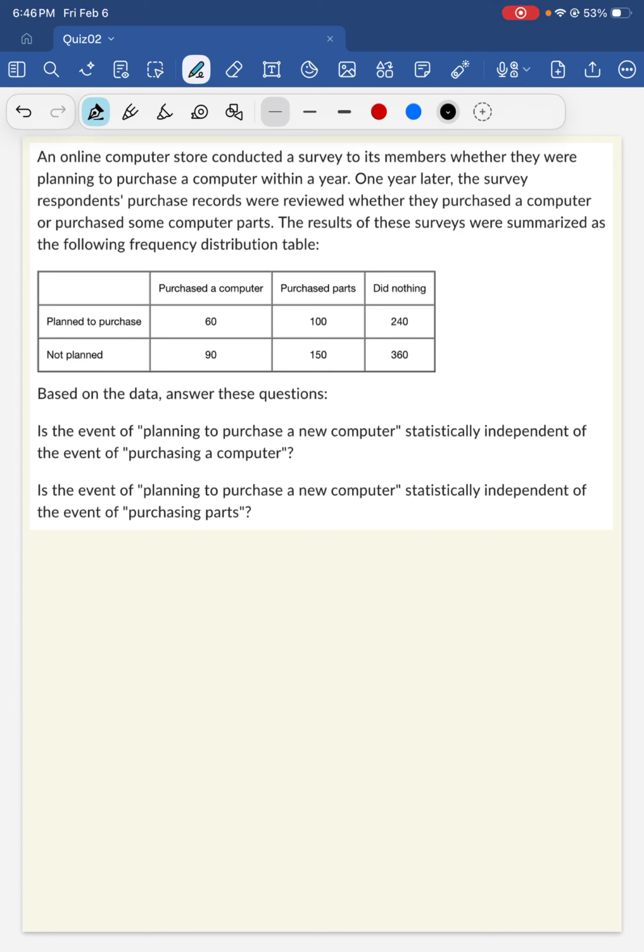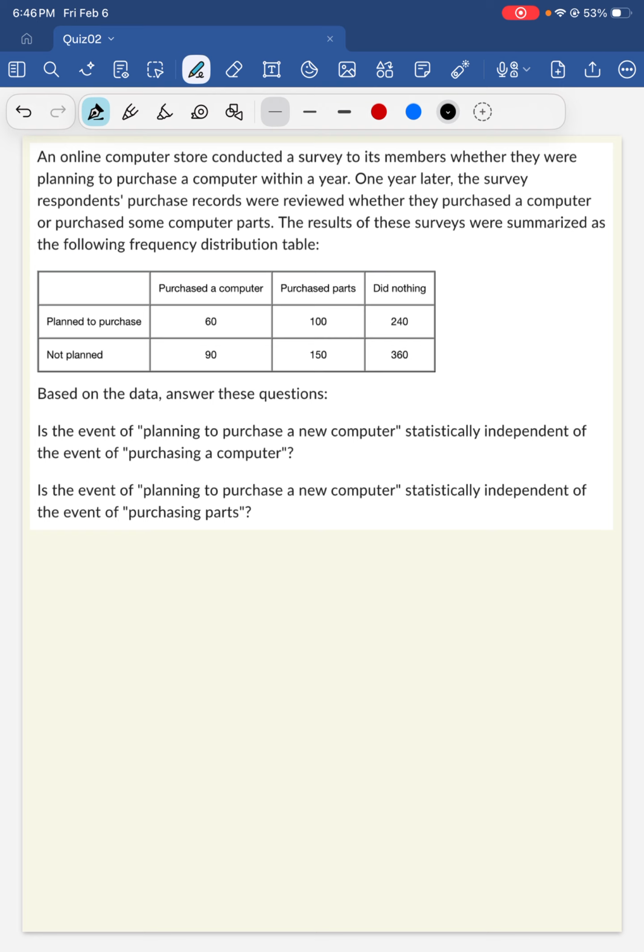So in this example, we consider an online computer shop. They did a survey last year asking their customers whether they plan to purchase a new computer, and then one year later they did a survey again to see if they actually bought a computer or not. So pretty interesting.